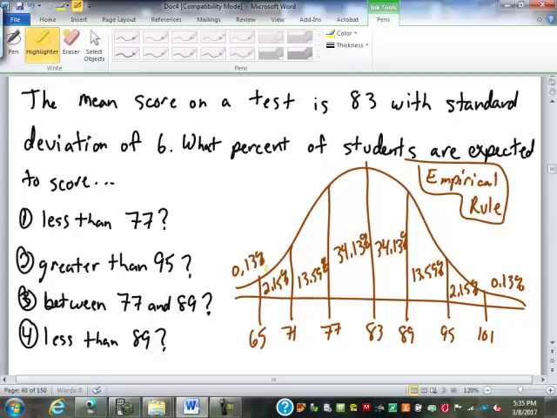Now remember, these percents are constant. They never change. What changes are the numbers down here, depending on the mean and the standard deviation for our set of numbers.